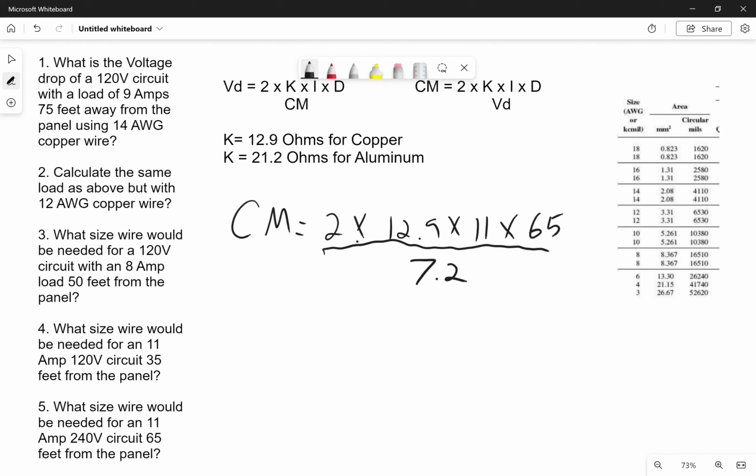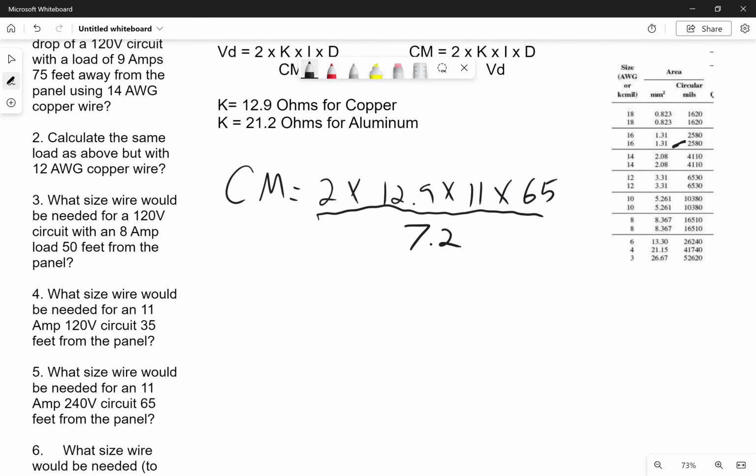So that's going to come in at a number 16, right? We're generally not going to use a 16. We're going to use at least a size 14 for anything that we do, but our voltage drop says that it has to be at least a 16. So if we use a 14, we're going to be okay.